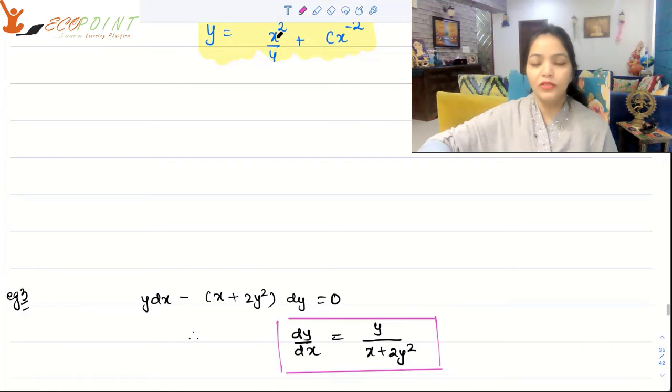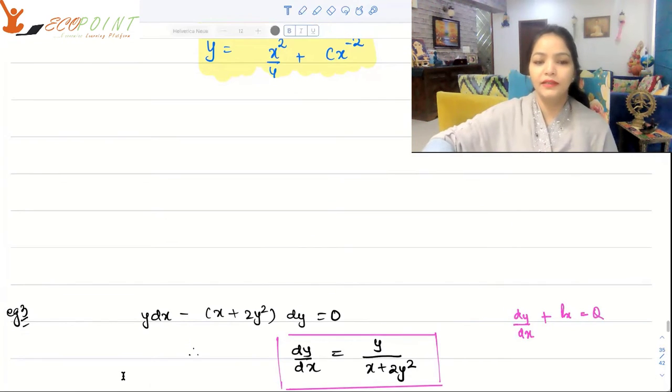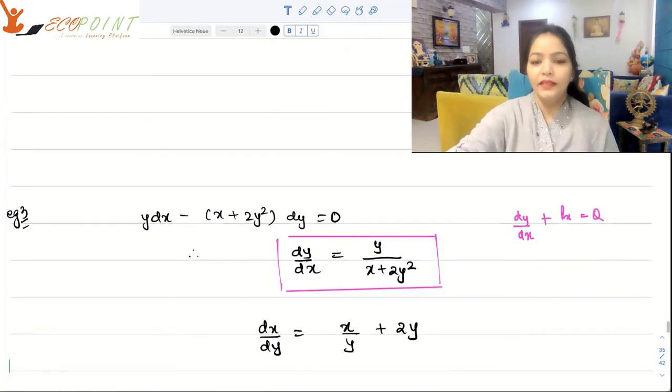Now, to make it look like dy by dx plus p x equals q, let's rewrite it.